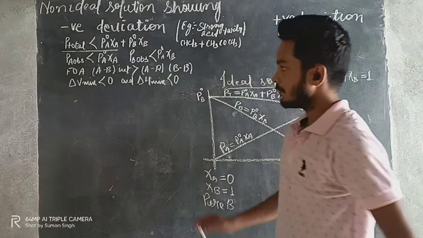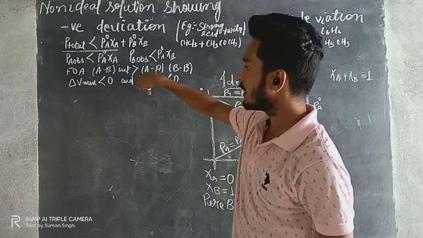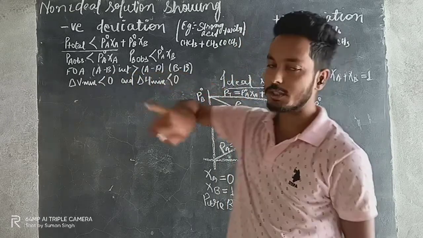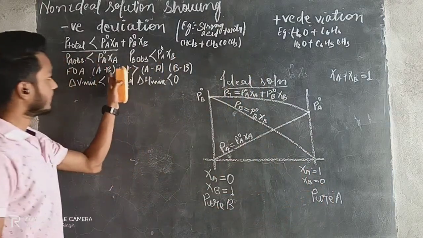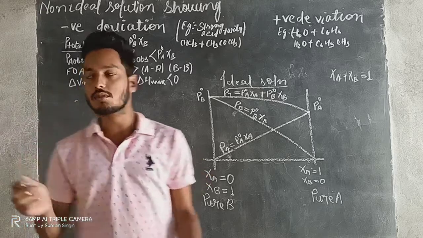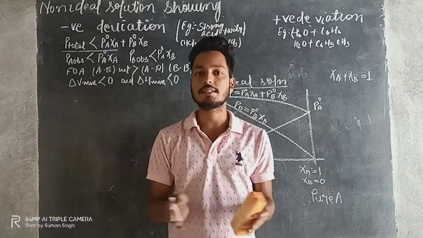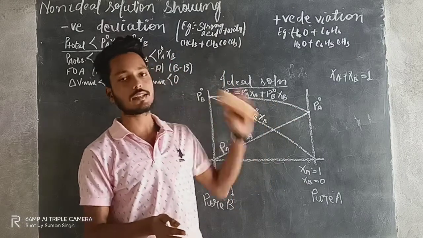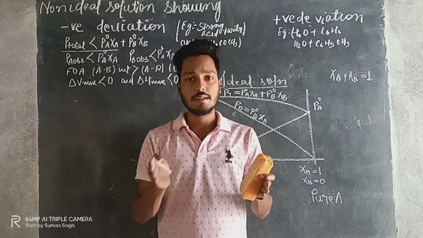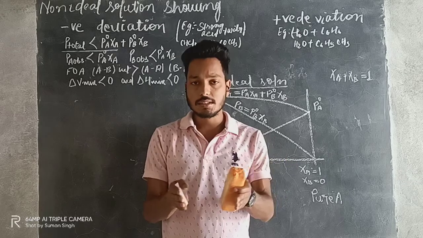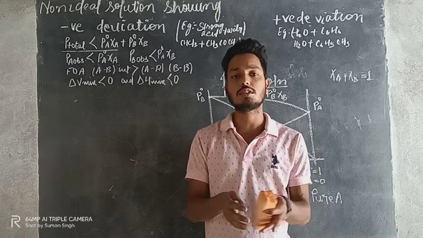Now the third thing. Just see here: when the AB interactions are greater than the AA interactions and BB interactions, it means the molecules have come closer in the case of AB. Since the force of attraction between A and B has increased, the molecules have come closer to each other.